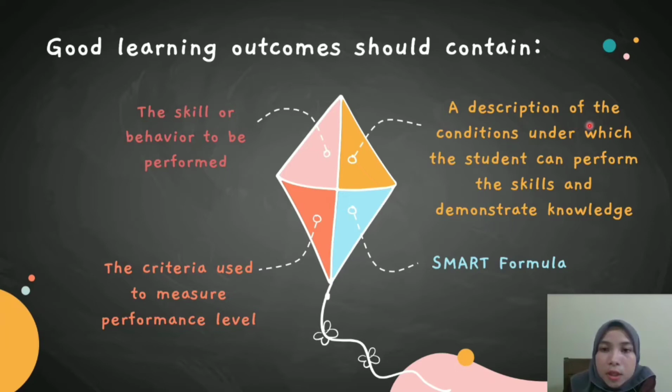Next is a description of the conditions under which the student can perform the skill and demonstrate knowledge. In addition to including an action verb, a learning outcome must indicate the condition under which the students will need to demonstrate their knowledge or skills. The criteria used to measure performance level is basically based on the level of the Bloom taxonomy, and I will explain further to you.